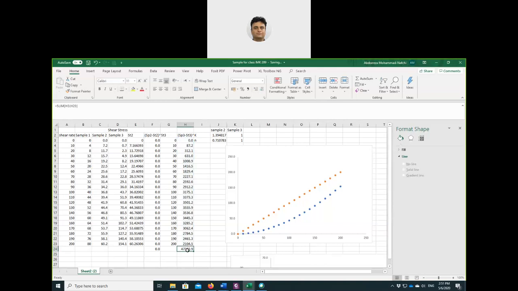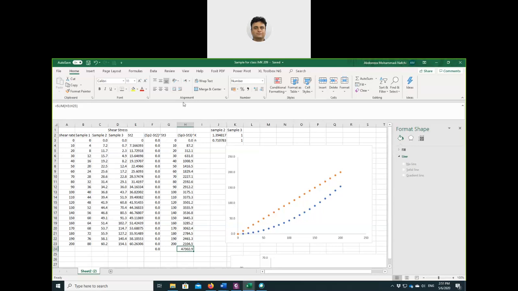Now I want to do a least square, meaning that by changing these two, k and n, I want to minimize the square of the differences between practical data and theoretical data.